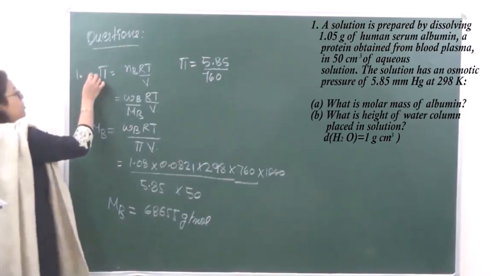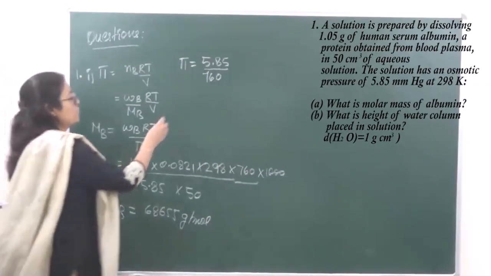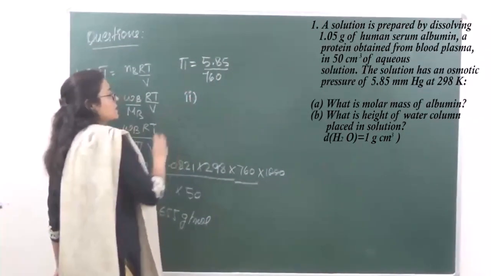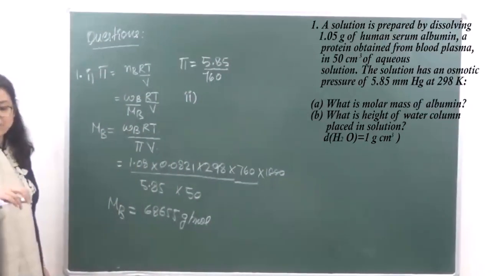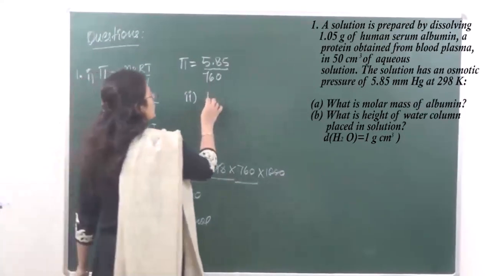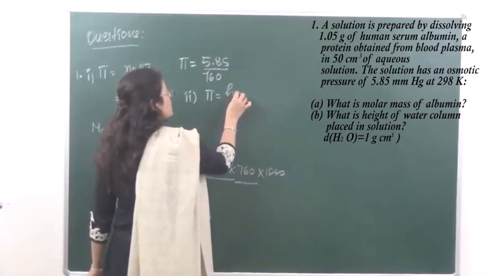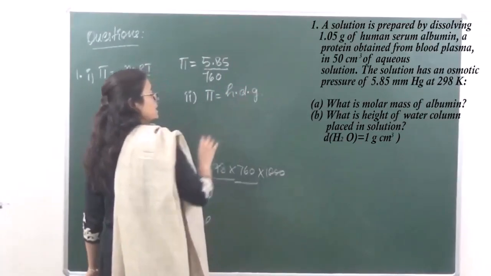This is the first part of the question. What does the second part say? According to the second part, we have to calculate h. Now we know that pi is equal to hdg.